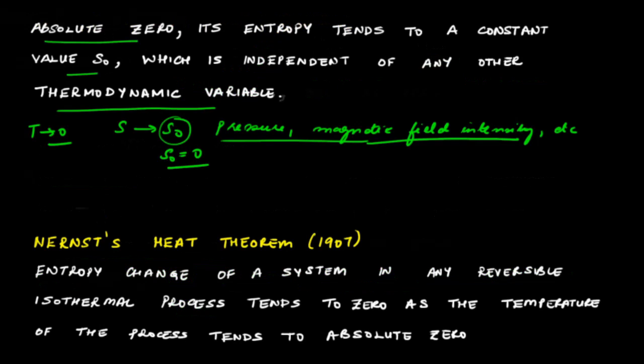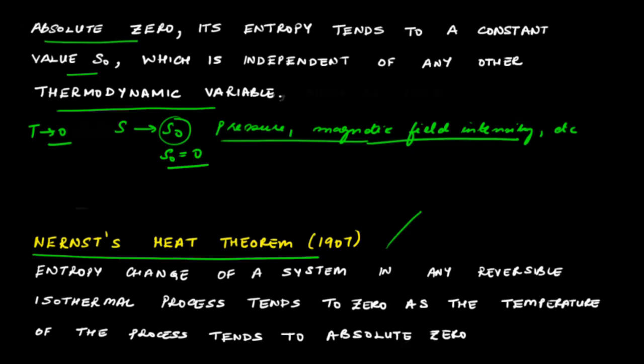But historically, the third law evolved from the Nernst heat theorem, which was given back in 1907. And according to the Nernst heat theorem, the entropy change of a system in any reversible isothermal process tends to 0 as the temperature of the process tends to absolute zero.